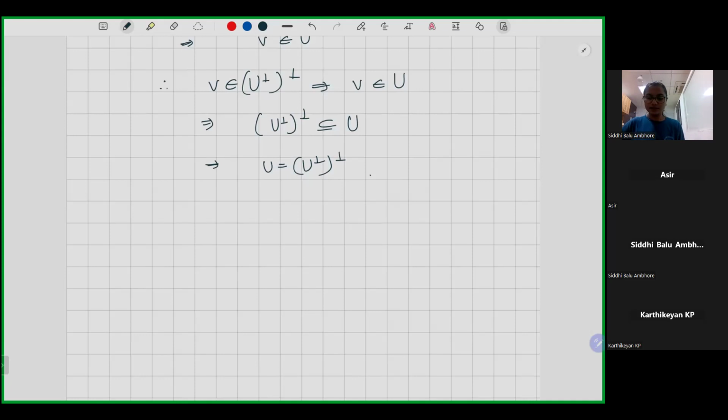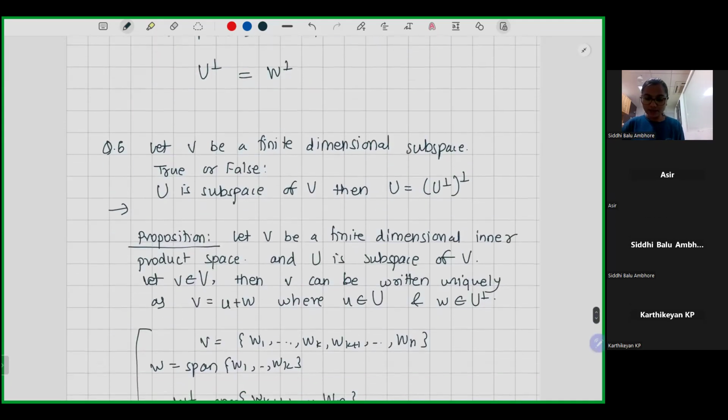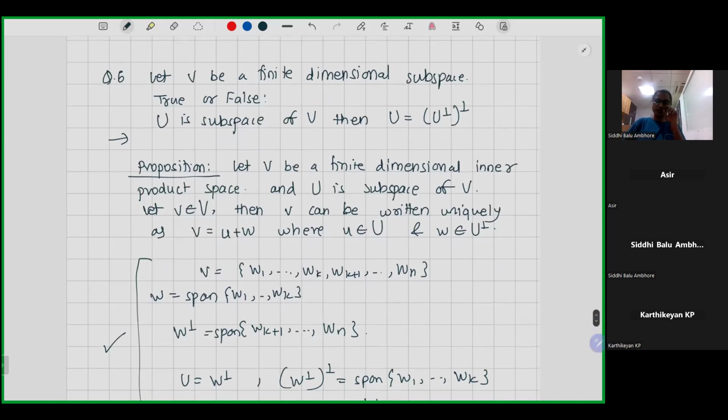Can you come up with a counter example in an infinite dimensional space where the subspace is not equal to its orthogonal complement?